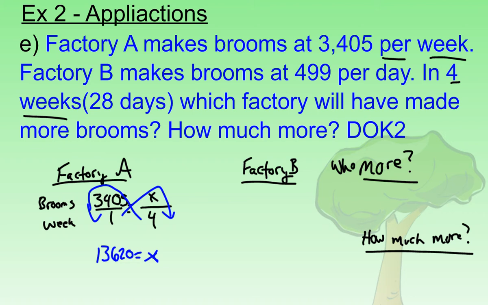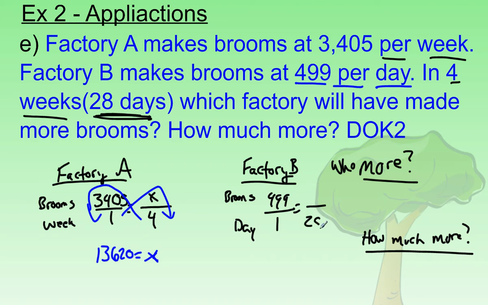Okay, Factory B. They make 499 brooms per day. So 499 in 1 day. So in the 4 weeks, which it tells us is 28 days, how many brooms would they make?